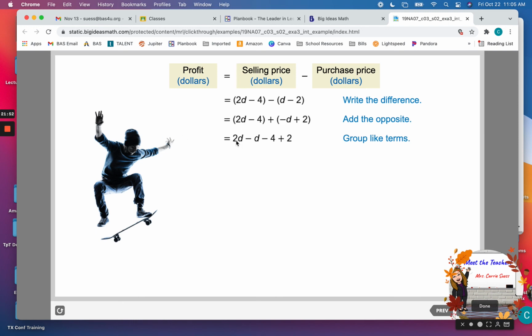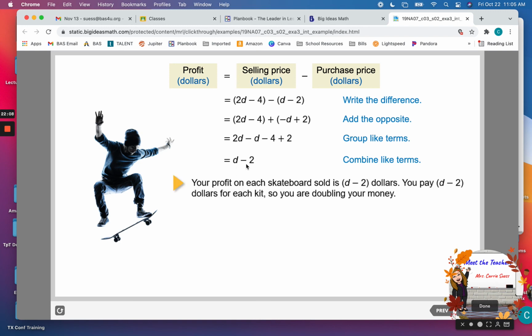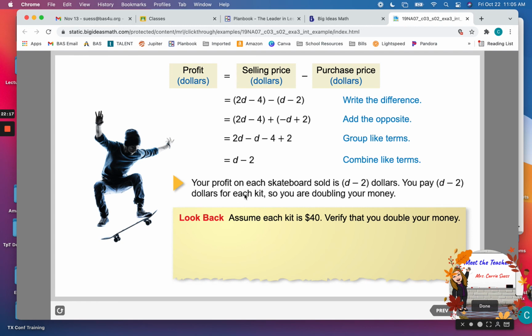Okay, now what is 2D minus D? 1D. Do I have to write the 1? No, I can just put D. What is negative 4 plus 2? Negative 2, because the negative 4 is larger than the 2. So I get negative 2. So you profit D minus 2 for each kit. So now let me show you.